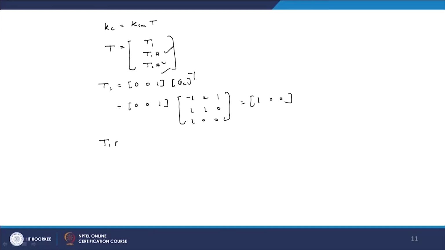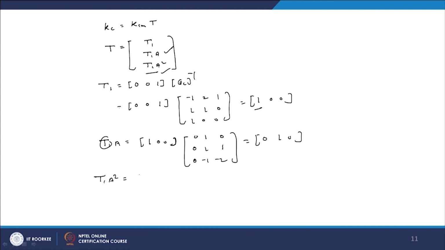If you multiply T1 into A, T1 is 1 0 0 as we have determined, and we write the original A matrix as 0 1 0, 0 1 1, 0 minus 1 minus 2, and after solving we will get 0 1 0. Then lastly we require T1 into A square, that is T1 a into A.